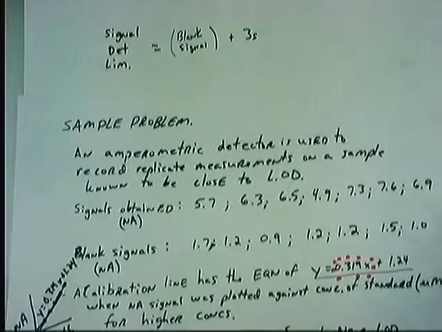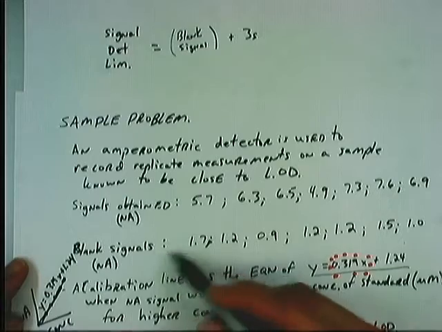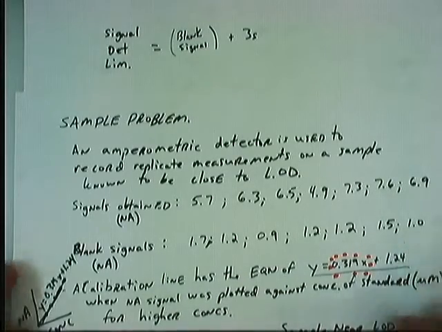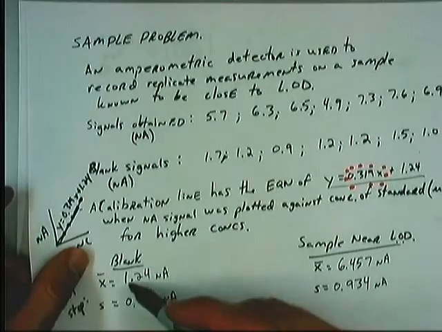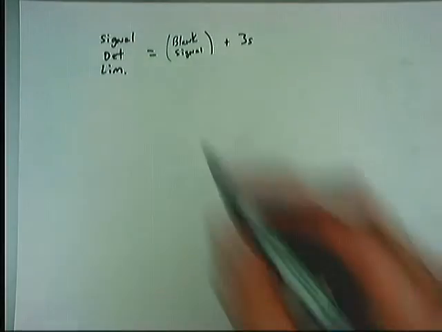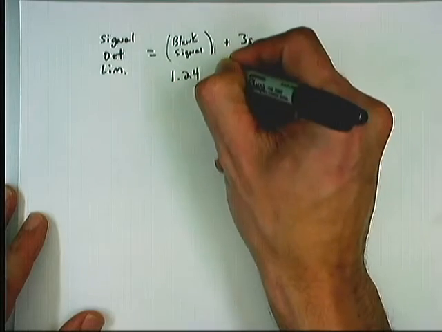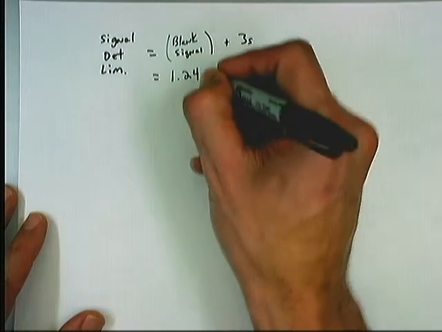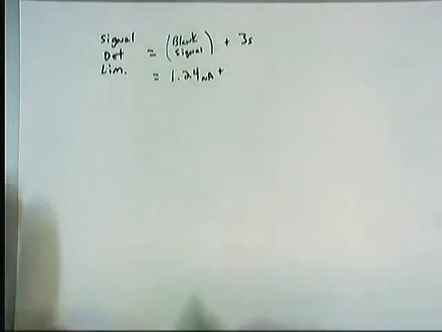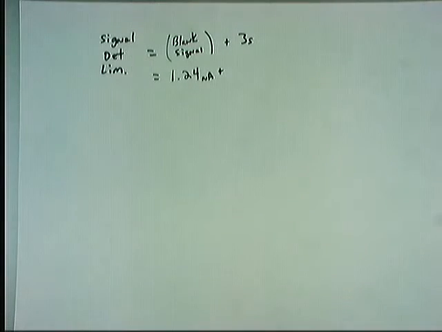Well, from our data set, remember we computed the average of the blank signals. We said that it was 1.24 nanoamps. That's going to be my blank signal. When we computed the standard deviation of the replicate analysis of the sample near the limit of detection, that's really a mouthful, but all the words there are important, okay?